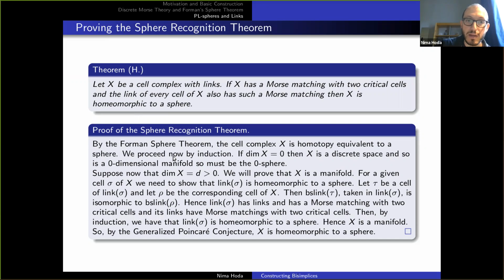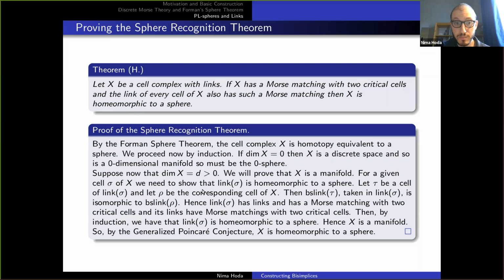Now we're going to proceed by induction. If the dimension of X is 0, then X is a discrete space, but it's also homotopy equivalent to a sphere, so it has to be homotopy equivalent to the 0 sphere, and so it has to be the 2-point space. Okay, so that's the base case.